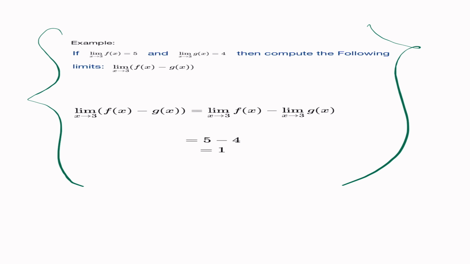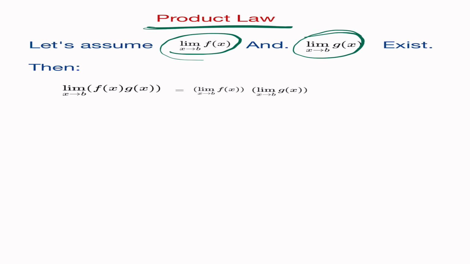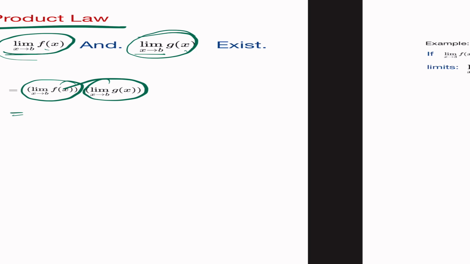Now let's do the product law. What does our product law state? Again, if both functions are defined, the limit as x approaches b of f of x and g of x both exist, then the limit as x approaches b of f of x times g of x is simply the product of these two limits, right? Let's look at an example.